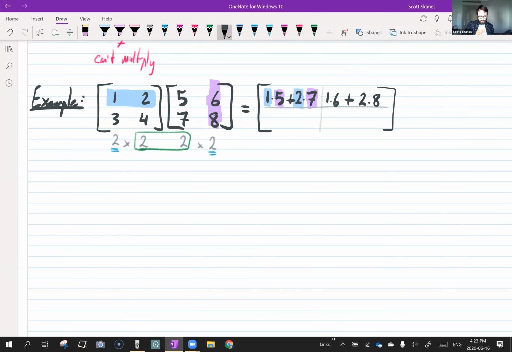And I'll do the same thing again for the second row, first column. That'll be 3 times 5 plus 4 times 7. And finally, all I have left is the second row, second column. 3 times 6 plus 4 times 8.